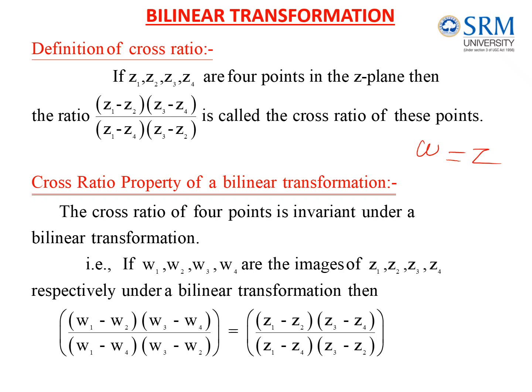We get a result from this property: the left hand side cross ratio is written in terms of w, and the right hand side cross ratio is written in terms of z. This property is otherwise called the 4-point formula of bilinear transformation. If the 4 points and their images are given, we can apply this to find the bilinear transformation.